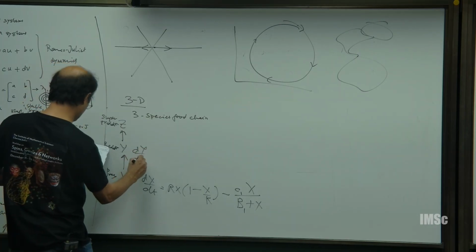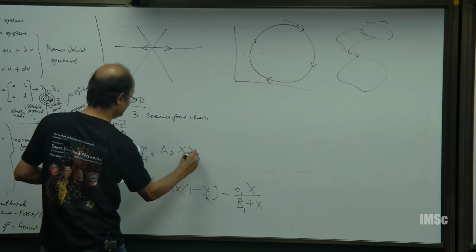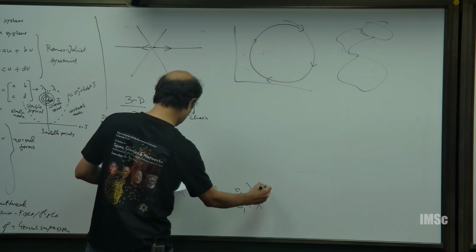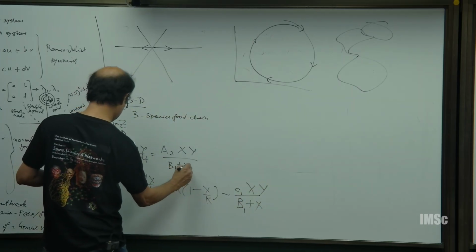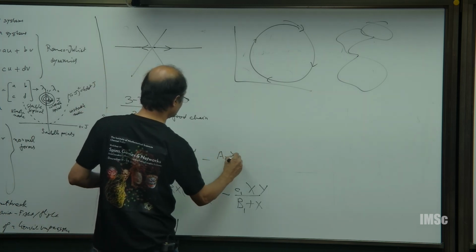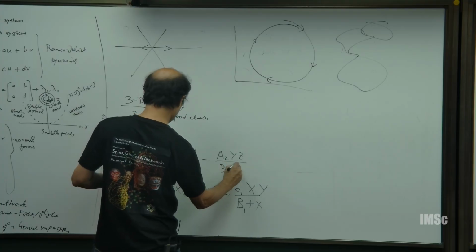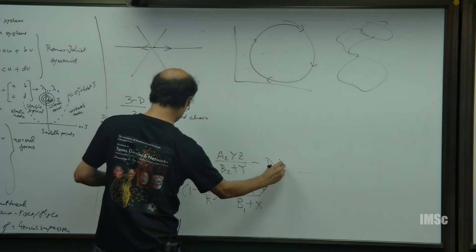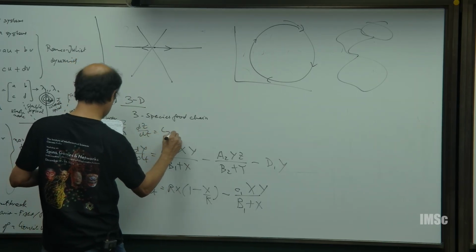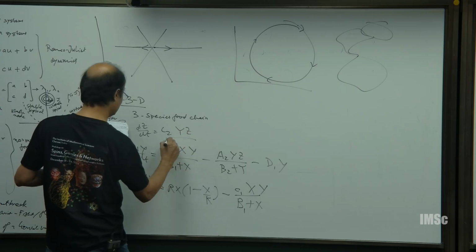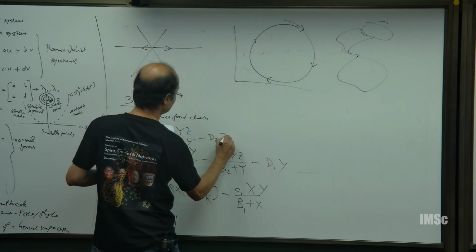Then my predator equation would be dy/dt = a2 x y/(b1 + x) minus the predation by the super predator, a2 y z/(b2 + y), minus the death rate d1 y. And finally dz/dt = c2 y z/(b2 + y) minus d2 z.